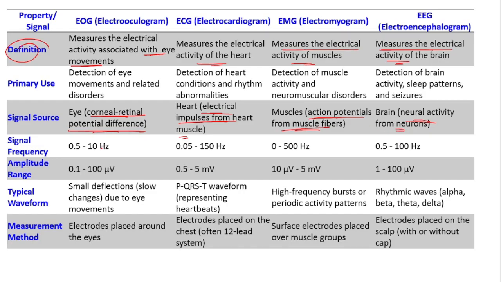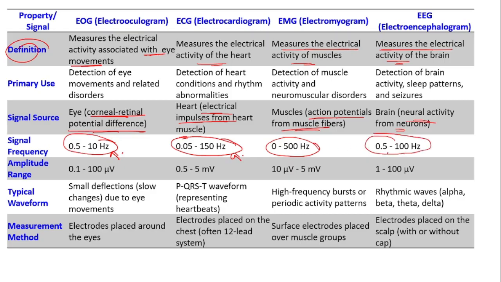Then the most important thing is the signal frequency. EOG has a frequency range of 0.5 to 10 hertz. In ECG, it is 0.05 to 150 hertz. In EMG, it is 0 to 500 hertz. And EEG, it is 0.5 to 100 hertz.